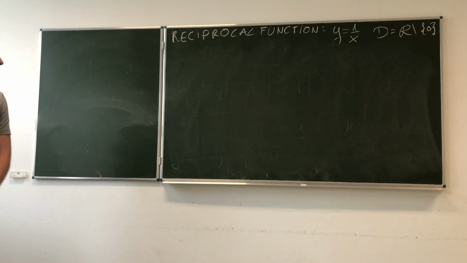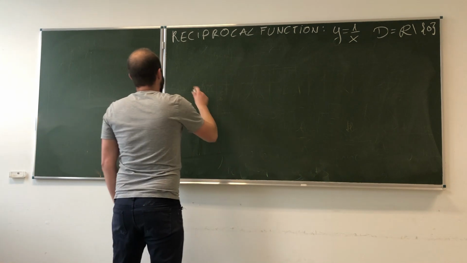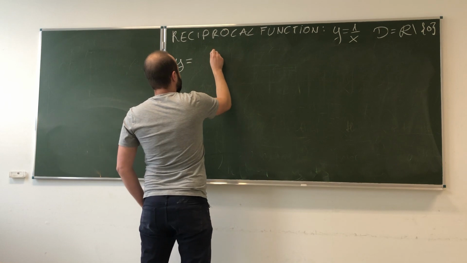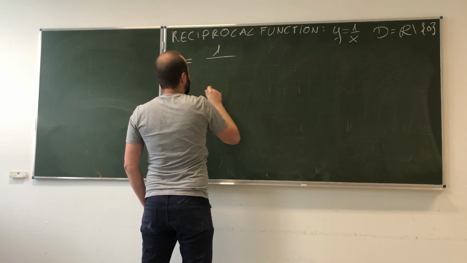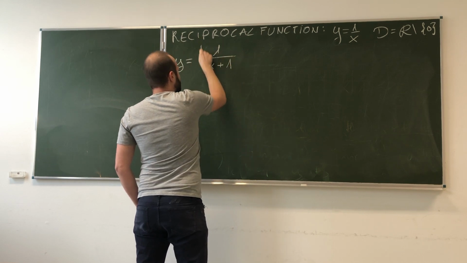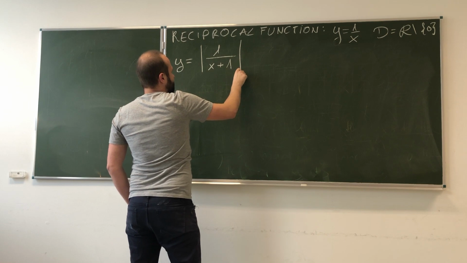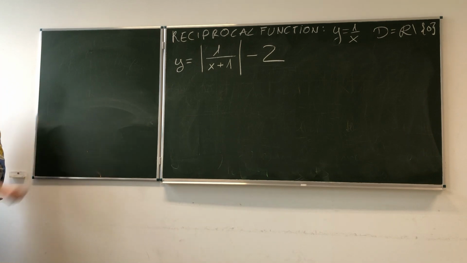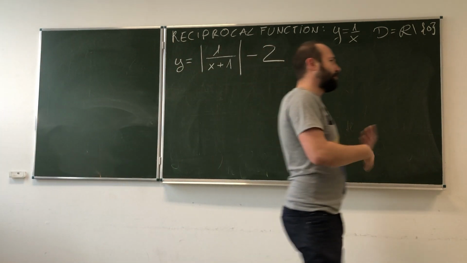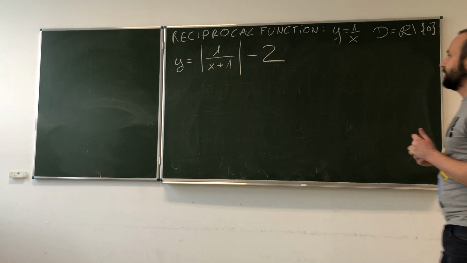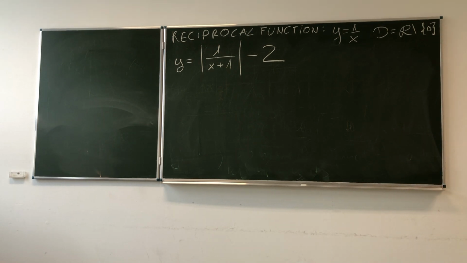Okay, look, imagine that the function we need to deal with is y equals, let's just say, 1 over the absolute value of x plus 1, minus 2. Okay, this might seem like a problematic function to draw right away, but maybe we can use everything that we learned about the transformations and do it step by step.